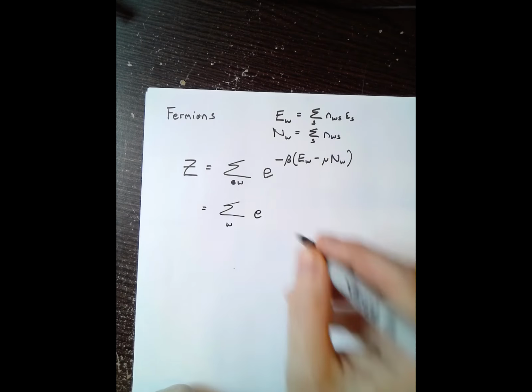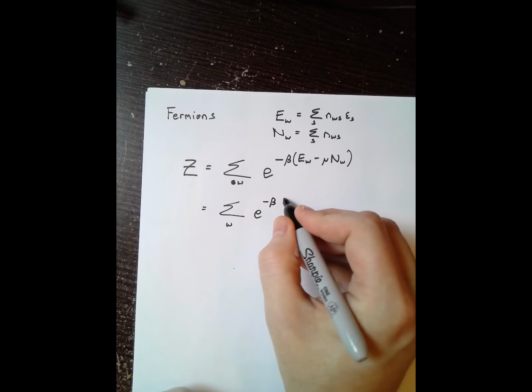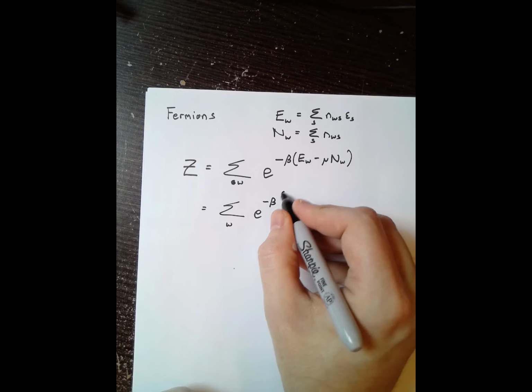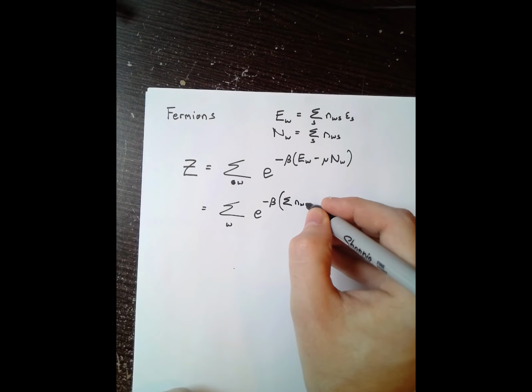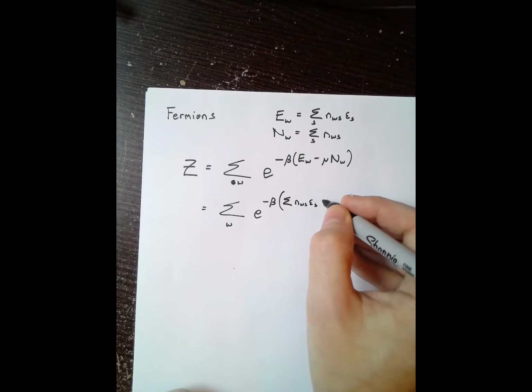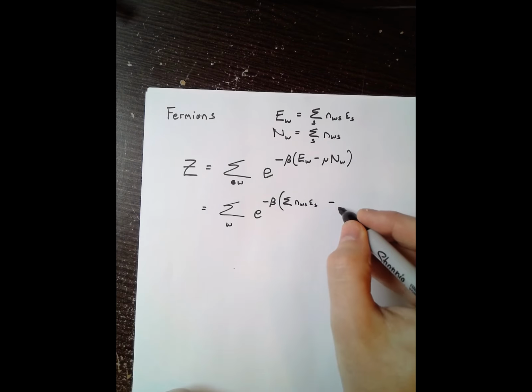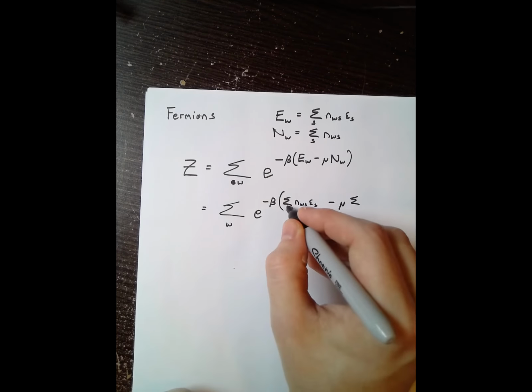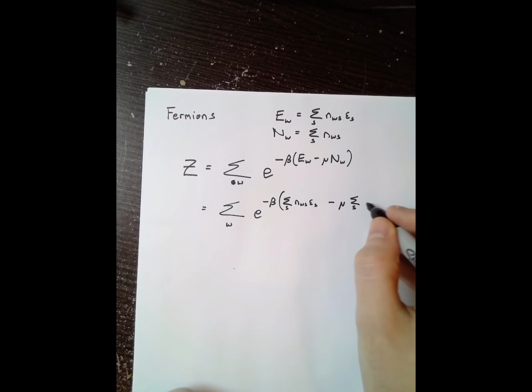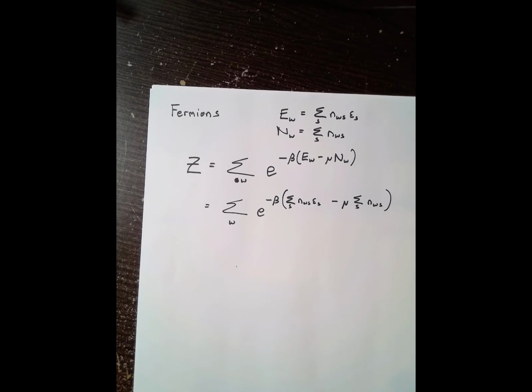We get e to the minus beta times the sum of n_ws epsilon_s, minus mu times the sum of n_ws, I should specify the labels here, like so.